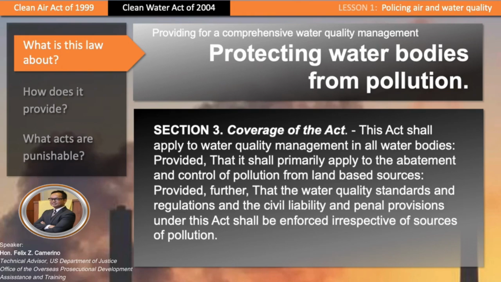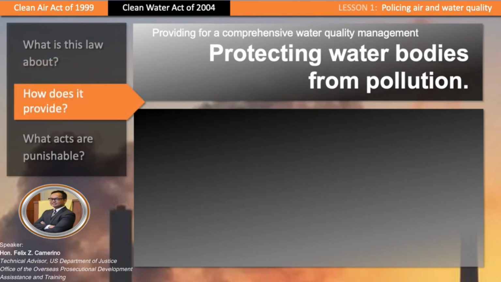I think an important point of mention, as it relates to penal provisions as well as civil liability, is that even if the source of the pollution is said to be land-based, insofar as penal provisions and civil liability are concerned, it actually doesn't matter if the pollution does not come from land-based sources. That's what it says here.